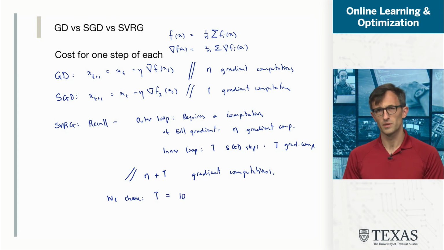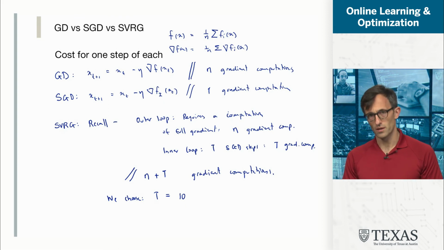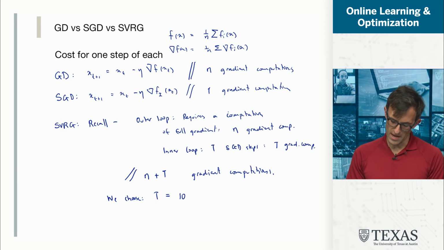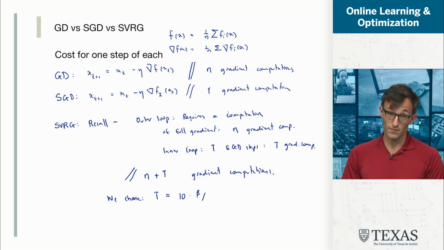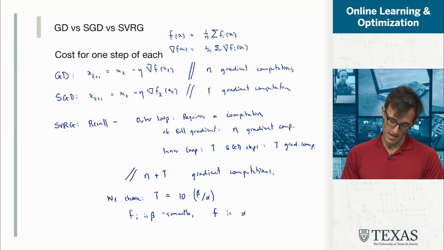What exactly the multiple is doesn't really matter; we're not interested in the constants in this analysis, but the actual constant we had chosen was 10. Times the condition number, which is equal to the smoothness parameter divided by the strong convexity parameter, so beta over alpha. Each f_i is beta smooth, and the overall f, not each f_i, is alpha strongly convex.